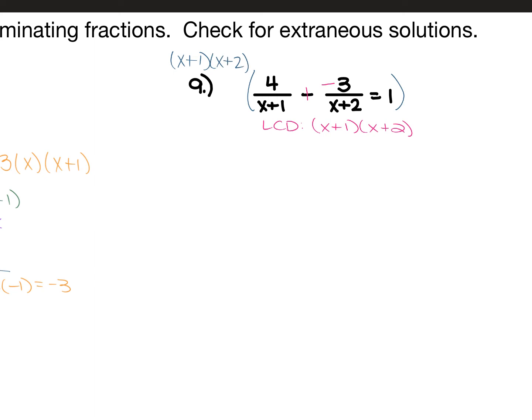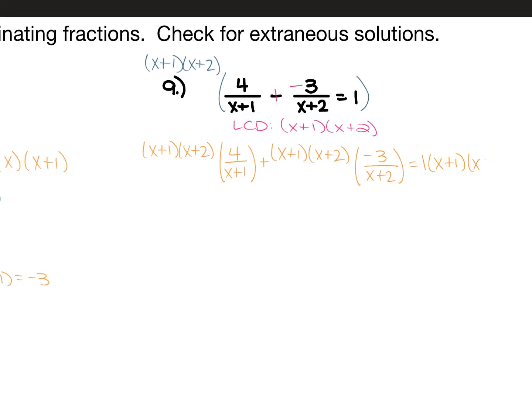This means I'm going to have x plus 1 times x plus 2 times 4 over x plus 1 plus x plus 1 times x plus 2 times negative 3 over x plus 2 is equal to 1 times x plus 1 times x plus 2.